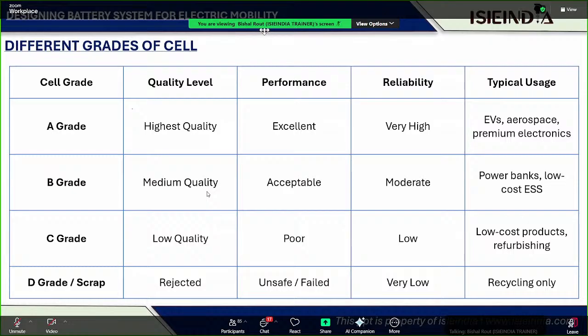Out of that 10 kilo, we cannot say all of it is fresh potato. Out of that, 500 grams or so will be poor potato, which we need to throw out, but he has paid the money for it. Likewise, if you purchase cells in bulk, definitely some of the cells will be damaged. That is the reason why you have to test the cells, in order to understand which cells are perfectly fine for the manufacturing process.